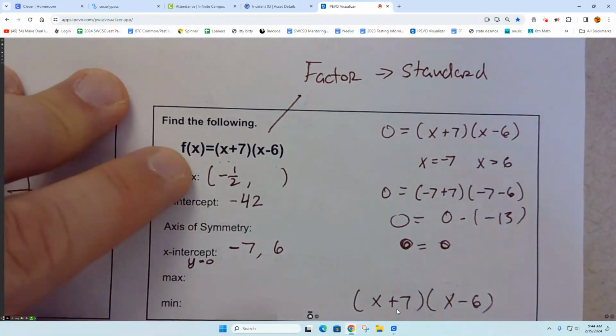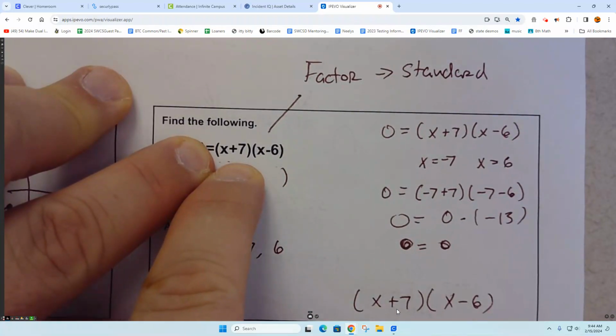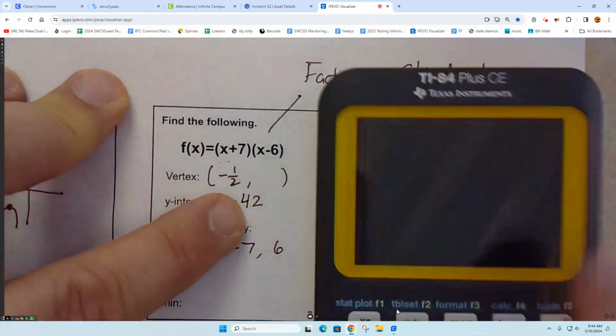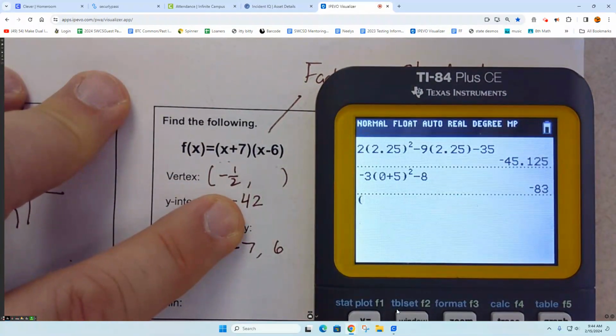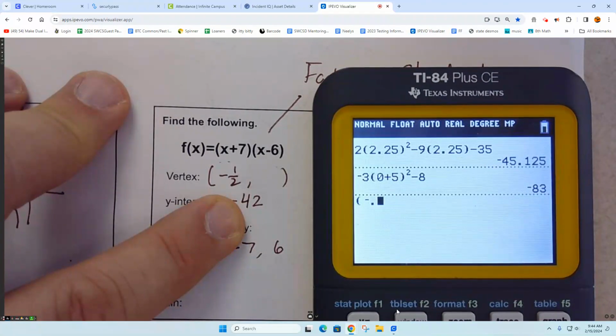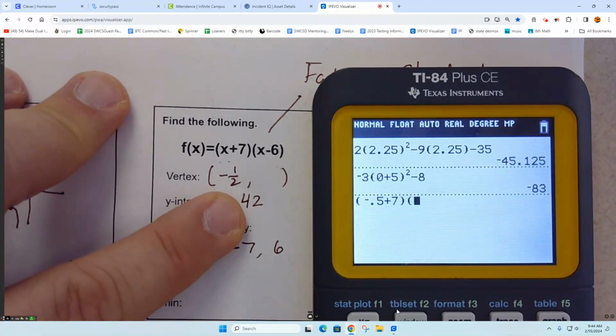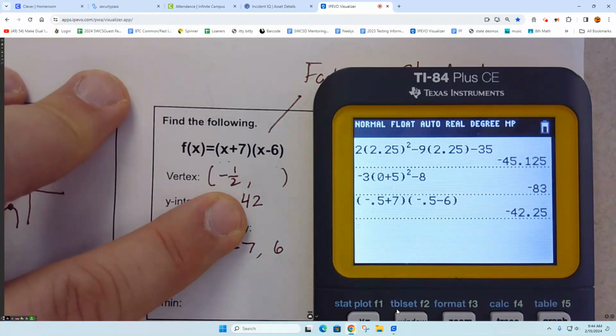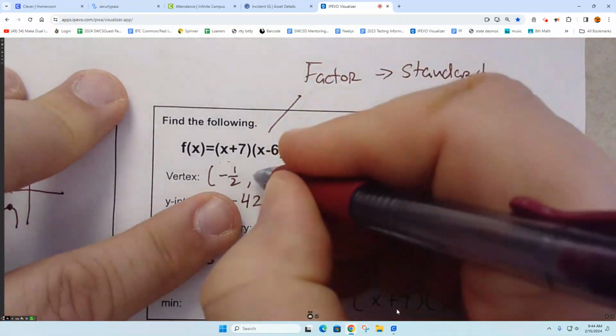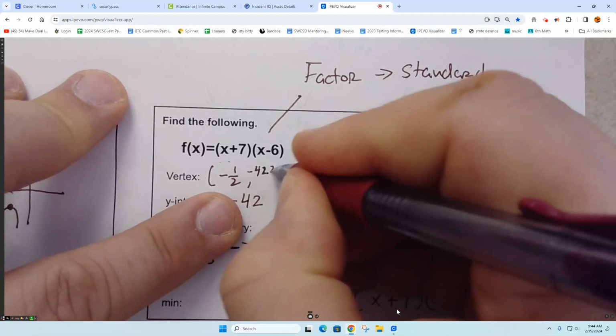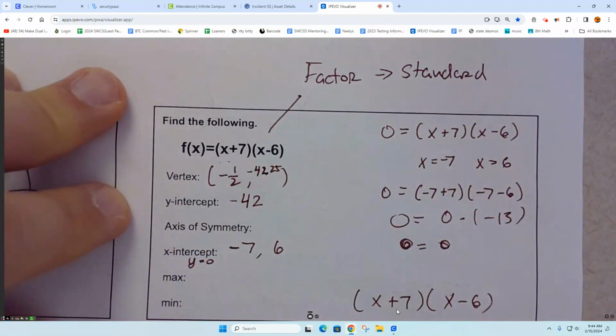I kind of like working with this in my calculator even, because I can just go parenthesis -0.5 plus 7 parenthesis, times -0.5 minus 6. Gives me -42.25.